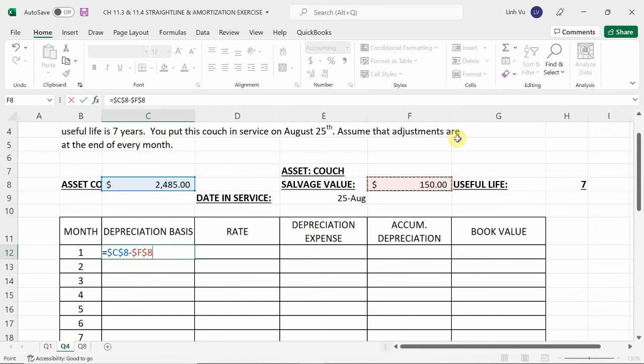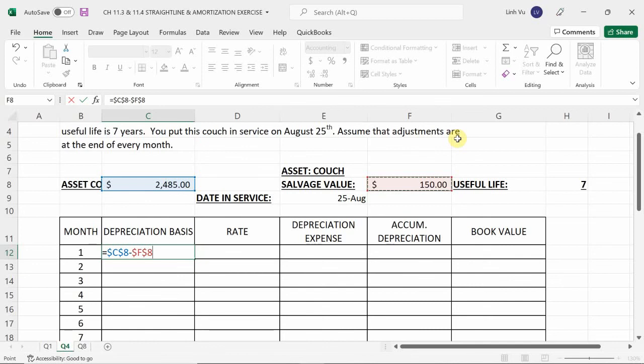You can definitely calculate this on a piece of paper. That's 2,485.00 minus 150. I got 2,483.50. No, 150 is not $1.50, it's 150. Do it again.